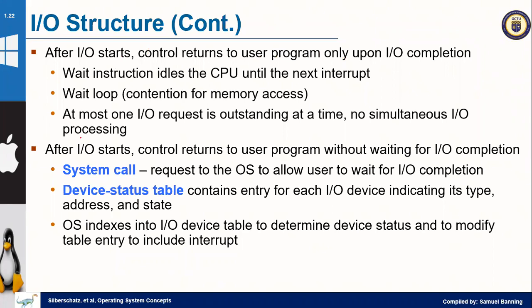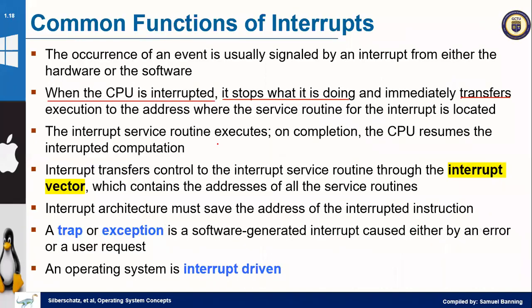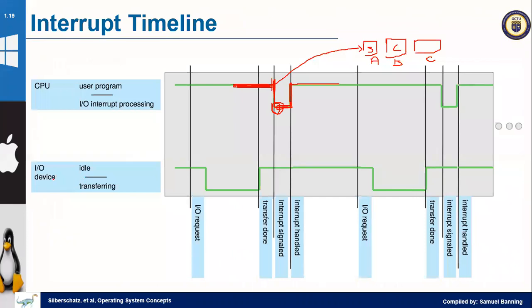So in the first fashion, when the CPU is executing and it is interrupted, when an I/O request is made, the CPU returns control to the I/O. Remember this diagram. This is an I/O device. At this point, the CPU is executing.